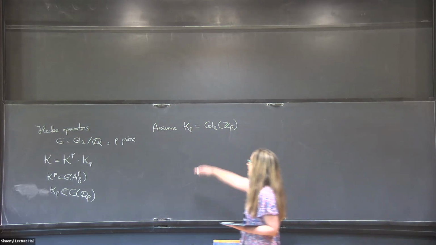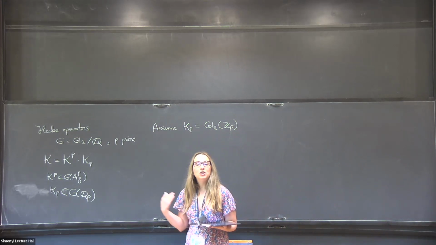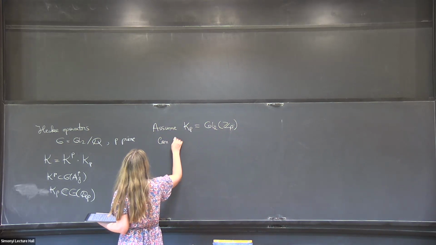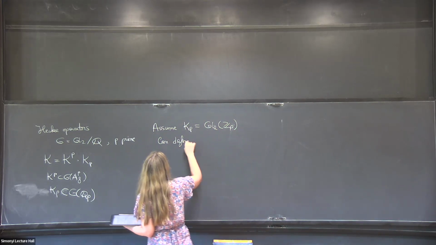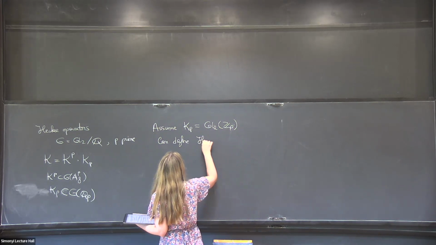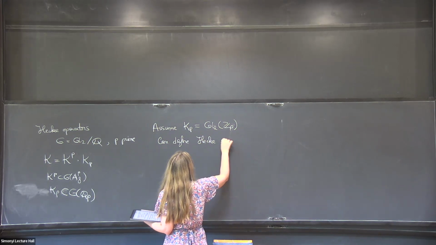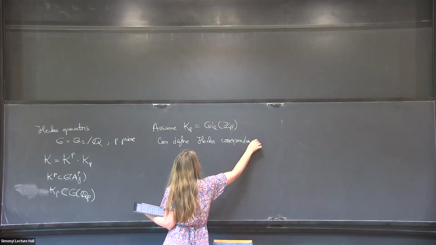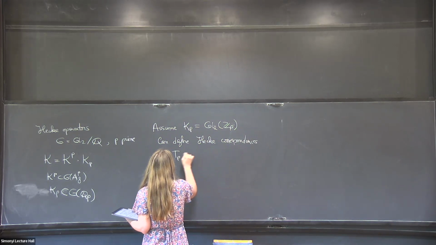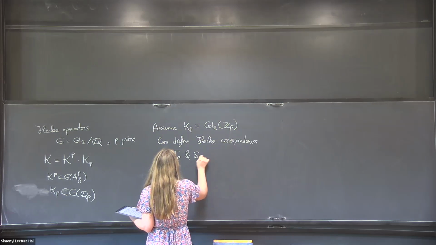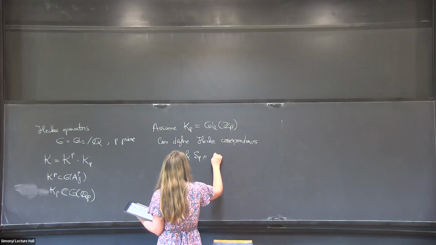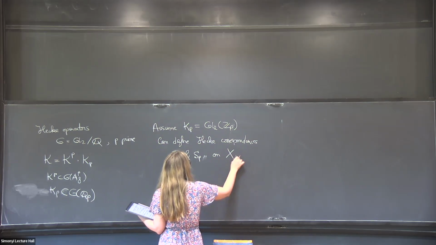And this is the level at which you can define two Hecke operators. So you can define basically two Hecke correspondences, T_p and S_p, on our space X_K.